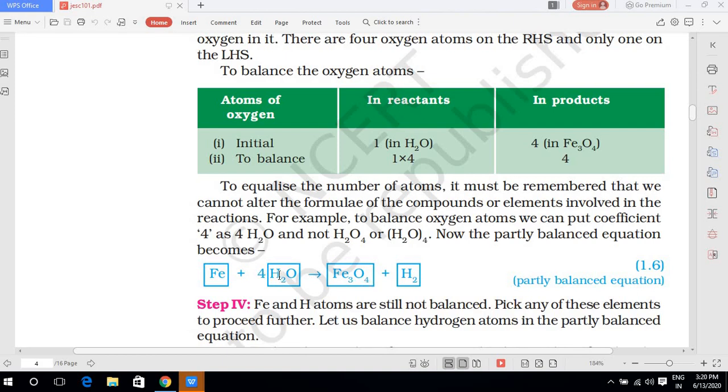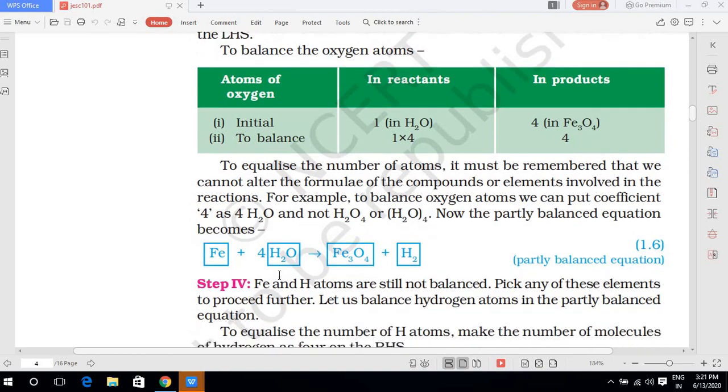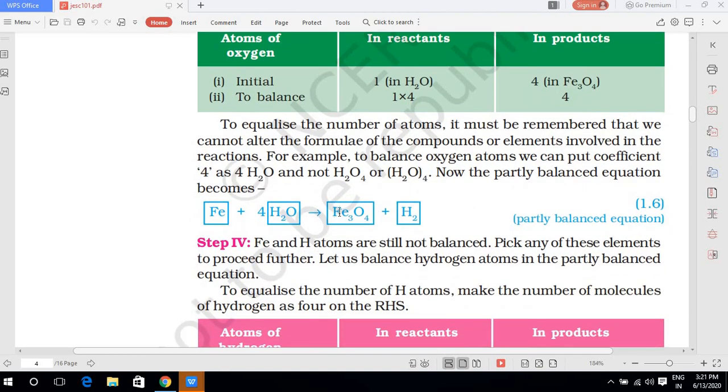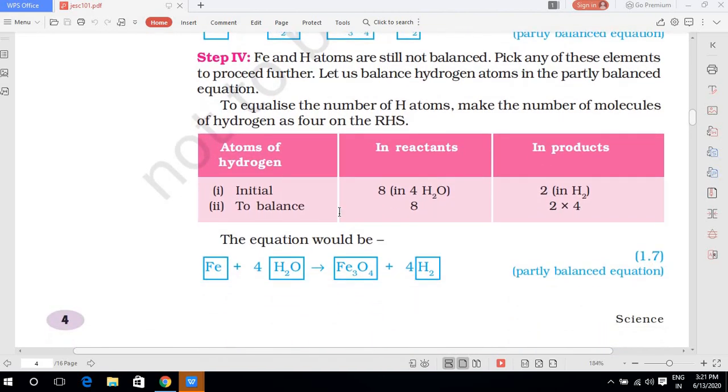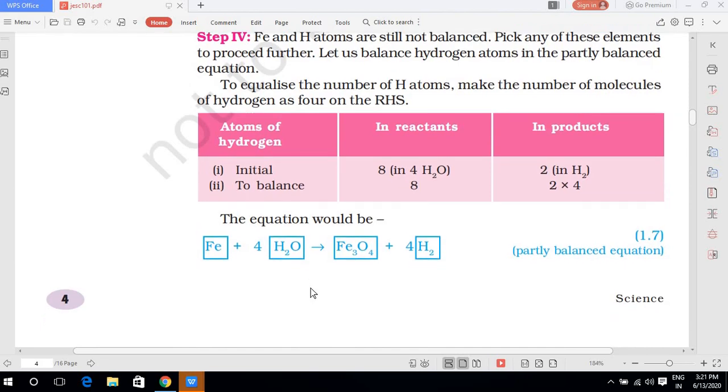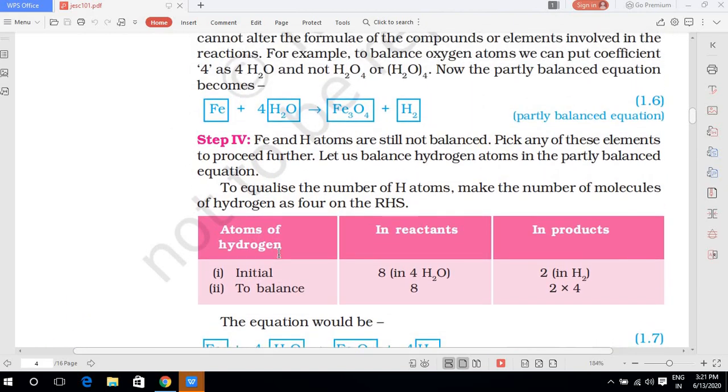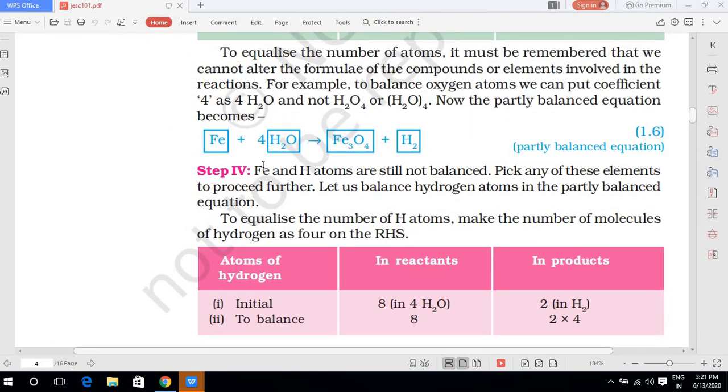Now we have to worry about the other thing, such as this iron. Iron is still unequal. Before we make the iron equal, we will just make the hydrogen equal, because now in the third step we have added 4 here, which means that hydrogen becomes 8, but on the right hand side hydrogen is only 2.